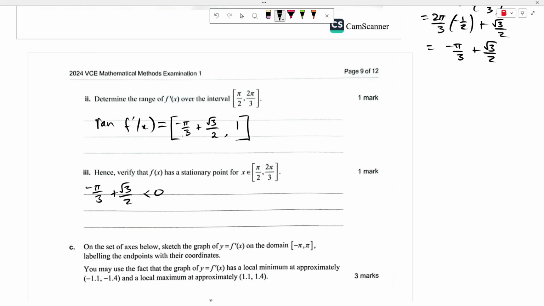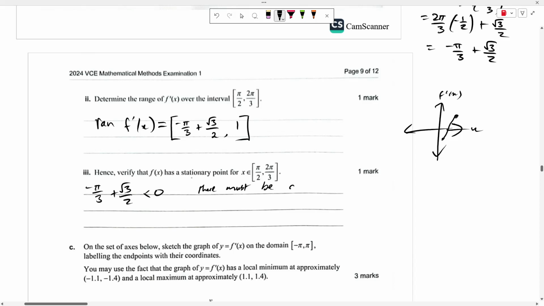So it's going from some negative number all the way to 1. That means f dash of x might look something like this. It's going from some negative number to 1. That's its range.